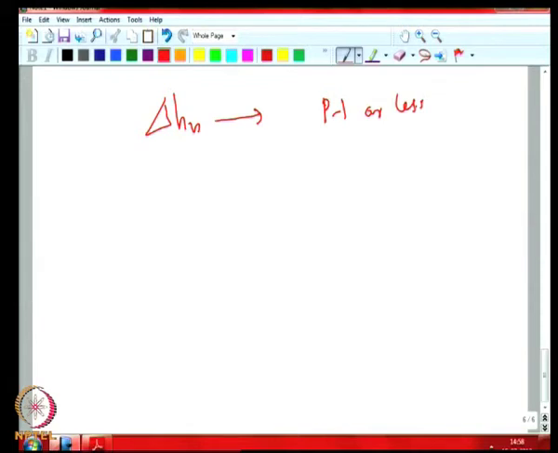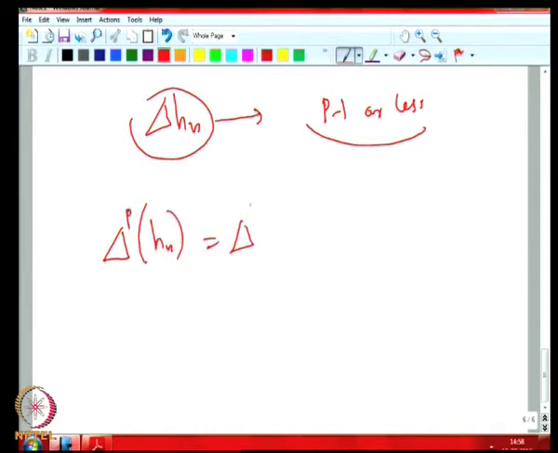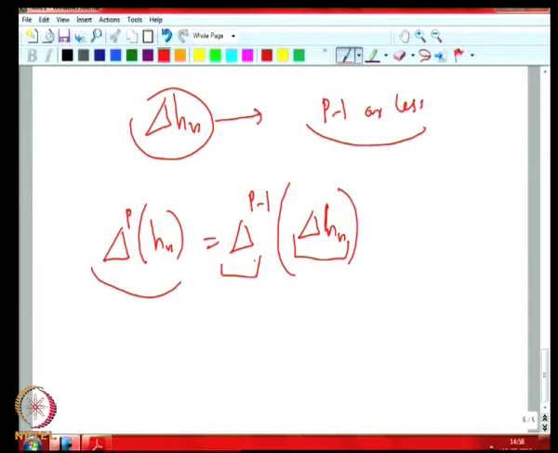But now, for such polynomials, we know that delta p of Hn is actually delta p minus 1 of delta Hn. So if you want the pth order difference sequence for Hn, we only have to consider the sequence delta of Hn and take the p minus first order difference.